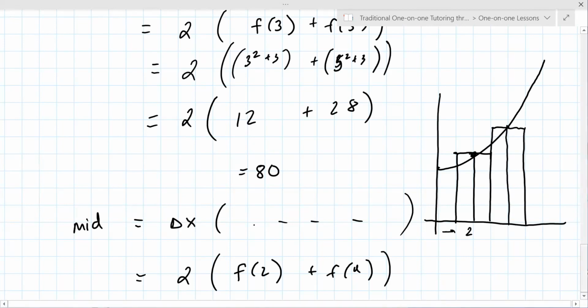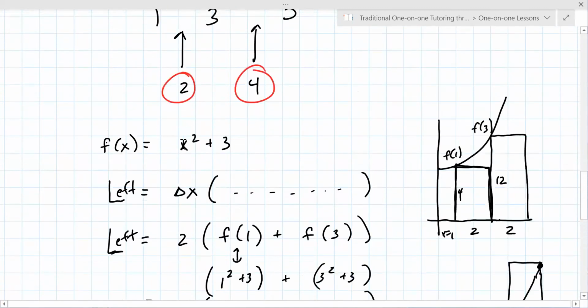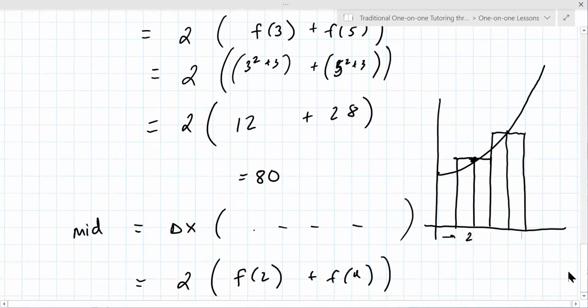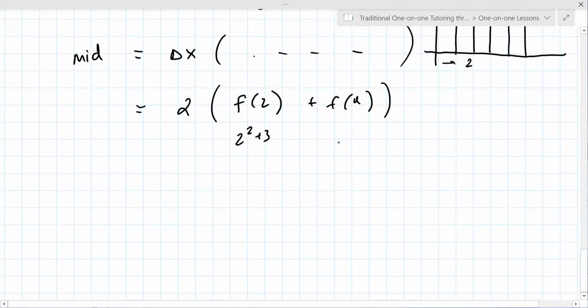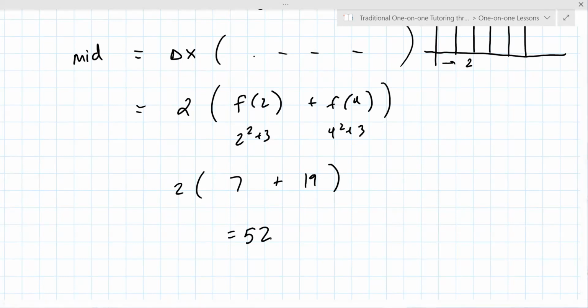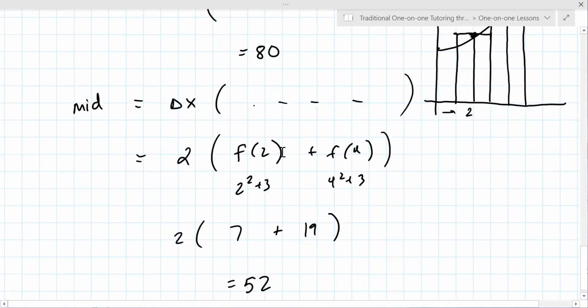Okay, so again, we go back. It's still x squared plus 3. It's still this one right here. Same thing. 2 squared plus 3 plus 4 squared plus 3. And that gives you 7 plus 19, so 52. The midpoint is not the average of the left and the right, although it could appear to be that way.